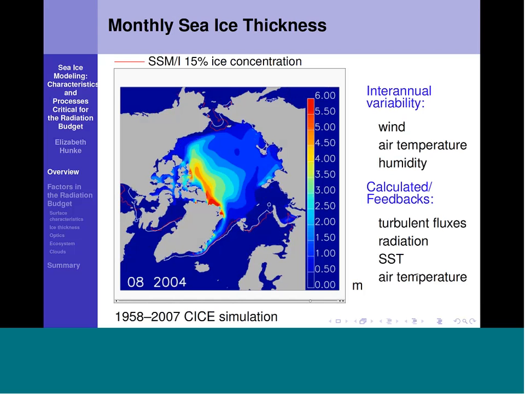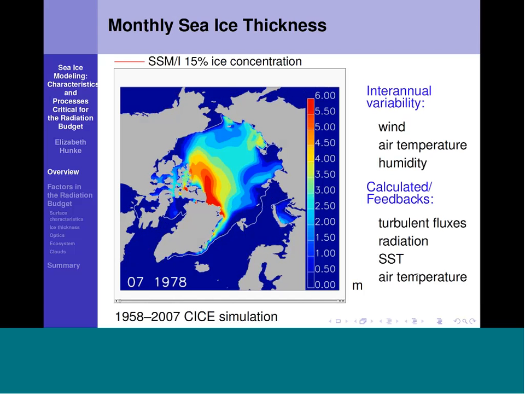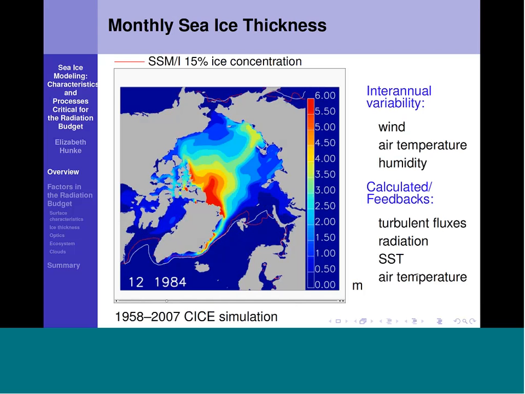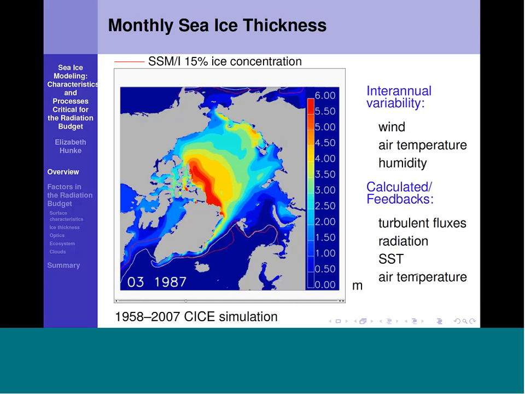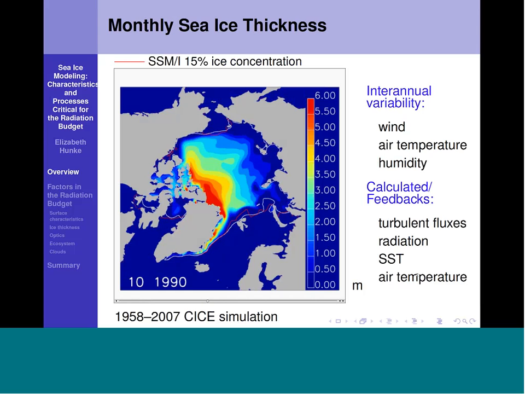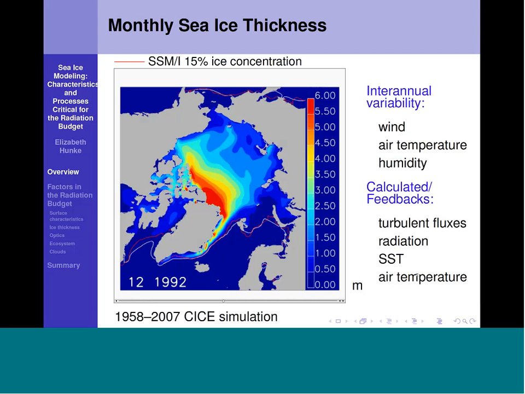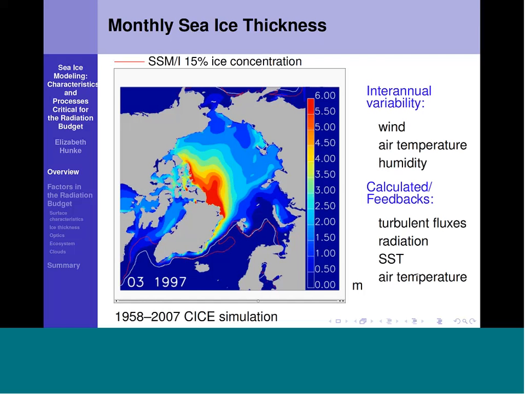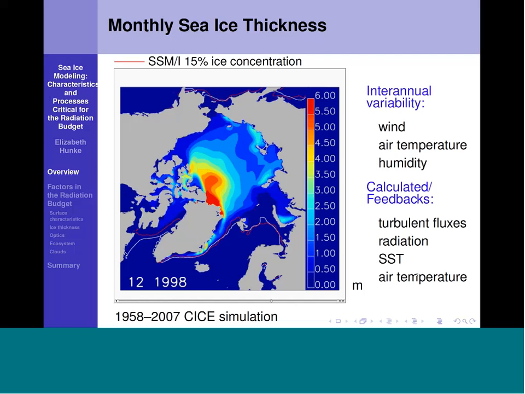Since the sea ice model is run uncoupled, I have to feed it some sort of data to represent the other climate components, such as the wind, the air temperature, ocean currents, and so on. In this case, only 3 fields vary from year to year: the wind, the temperature, and the humidity. All the other forcing fields are climatologies, which means they have the exact same seasonal cycle every year, or else they are computed from the other fields.